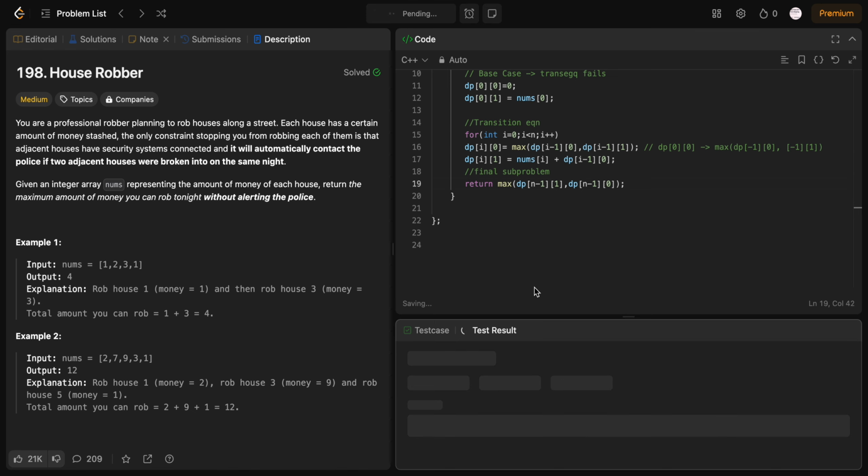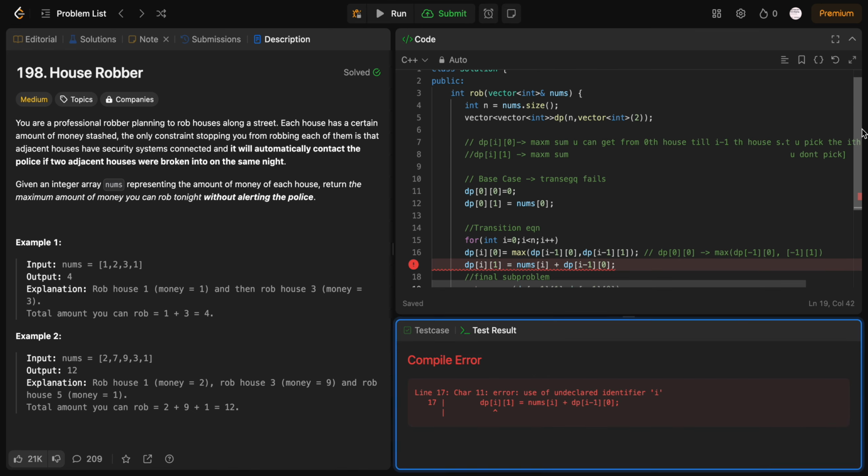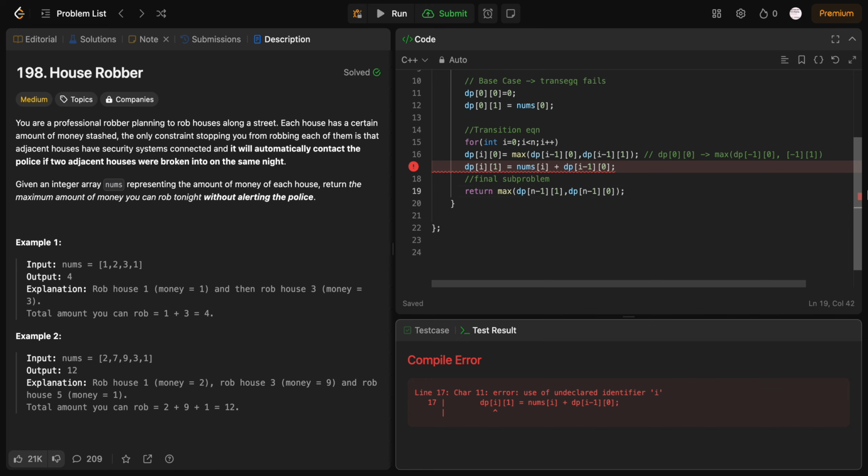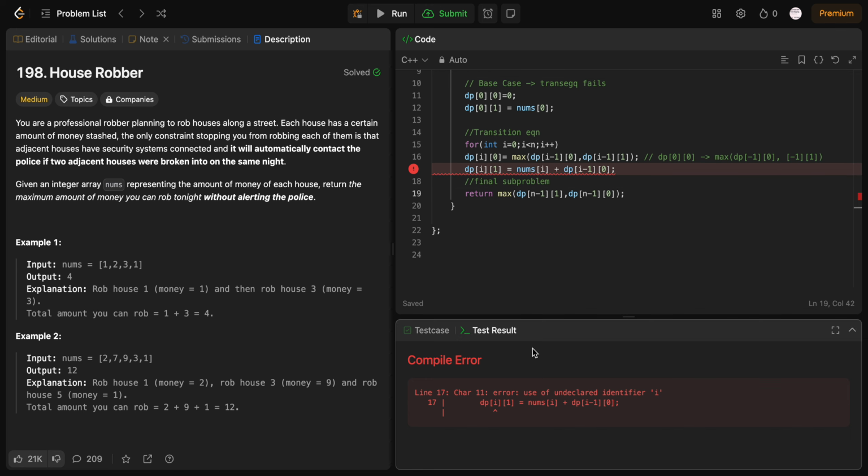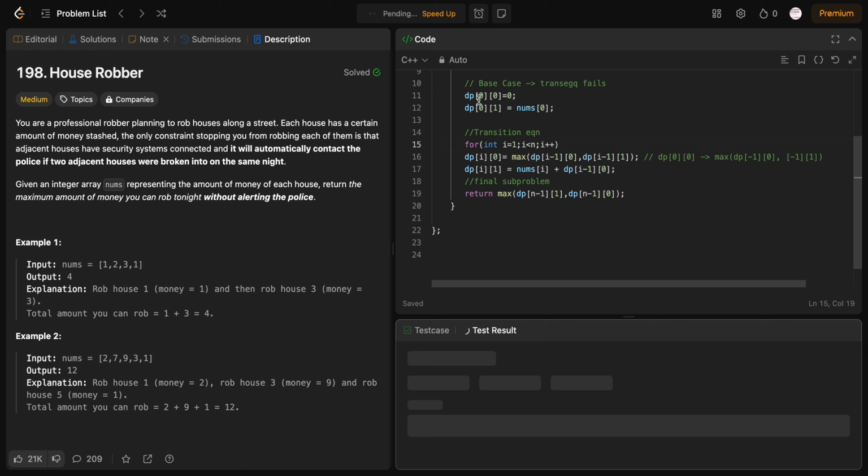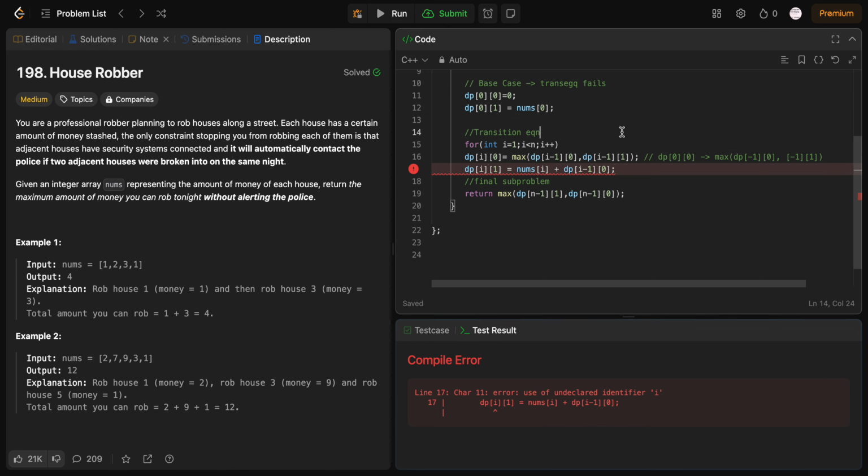So let's see, and hopefully it will work. Okay, so what's wrong over here? Comma 1, 0, I should take 1 because it failed over here. dp of i, 1 should work, I think.